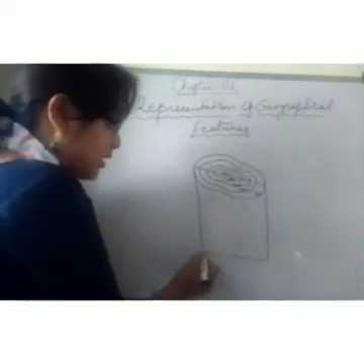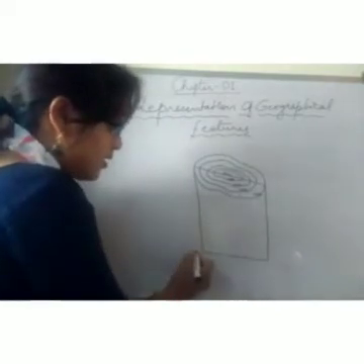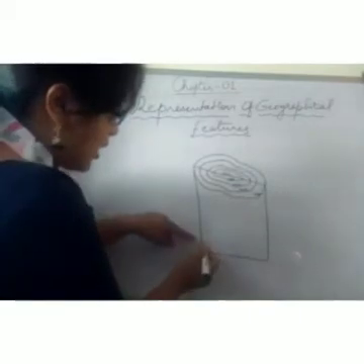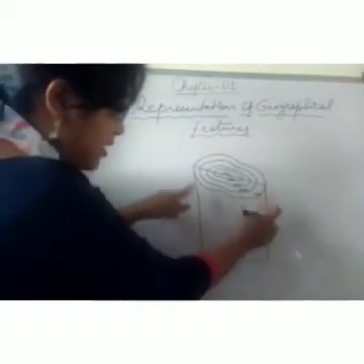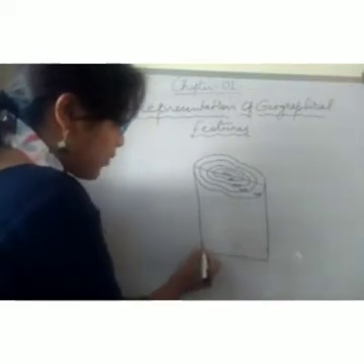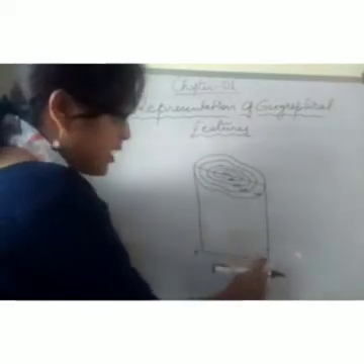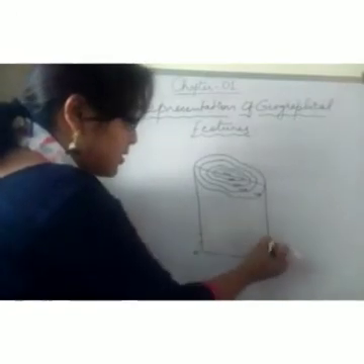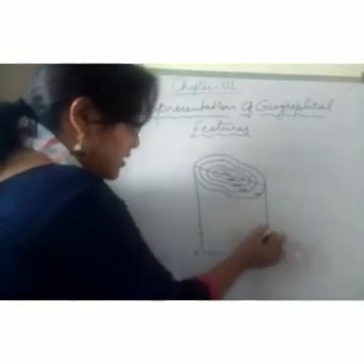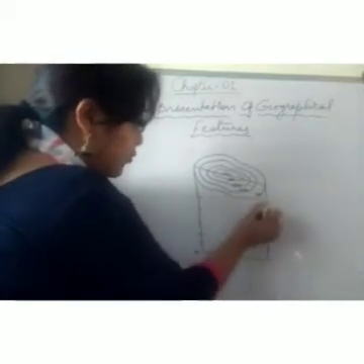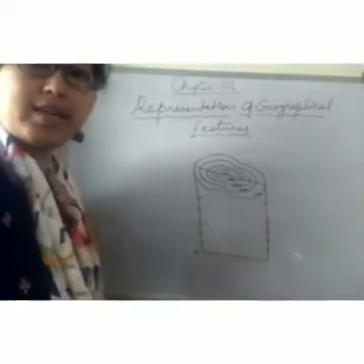Now consider this as 0. Now you mark these vertical lines equally: this is 1 centimeter, 1 centimeter, here also 1 centimeter. Again, 1 centimeter, 1 centimeter, 1 centimeter, 1 centimeter, mark like this.